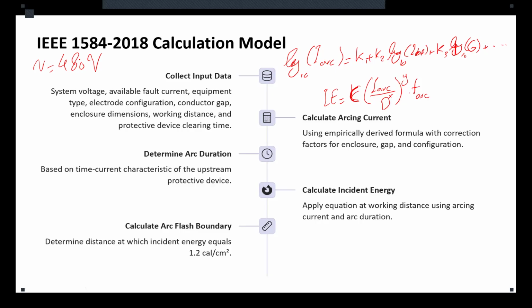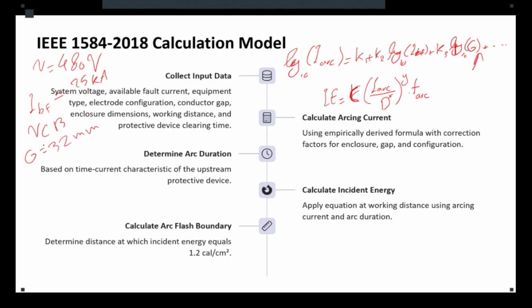Our available fault current, IBF, is 25 kiloamps. Our configuration is VCB, vertical conductor in a box. Our conductor gap, G, is 32 millimeters.